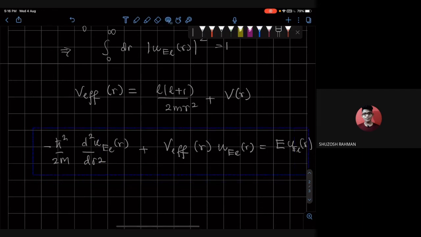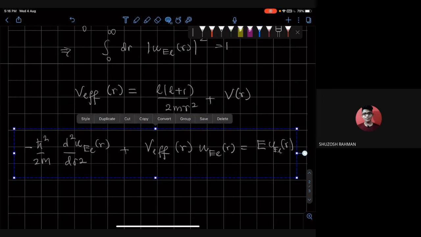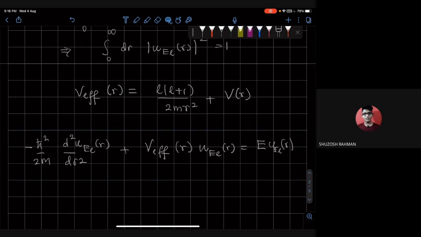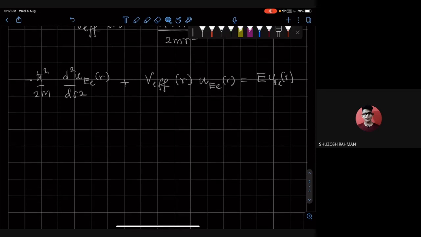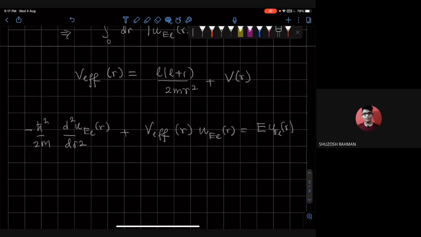Yes, sir. So we have just introduced an L-dependent effective potential. Since it depends on L, it does something interesting. Unless this potential is extremely singular and negative at small values of r, this is going to dominate, because for small values of r, this goes to positive infinity.